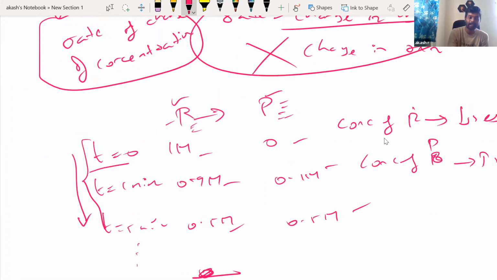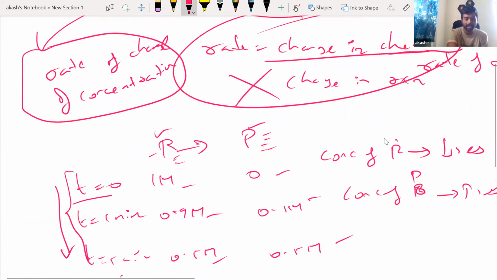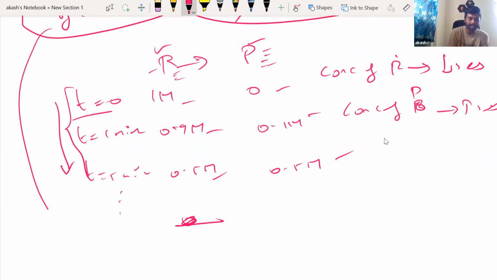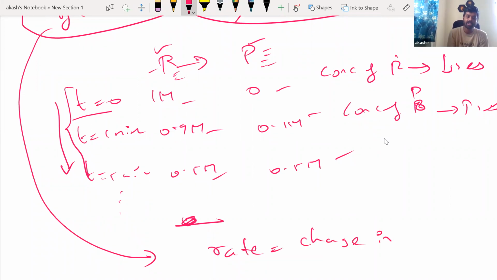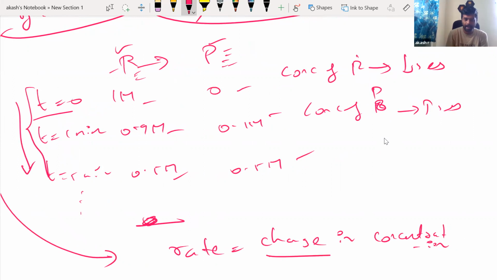So when I say rate of change of concentration, how do you mathematically write this? When I said rate of change of displacement, we wrote change in displacement by change in time. Here, when we say rate of change of concentration, that rate is nothing but change in concentration, whether it's reactant or product, that we'll see later, divided by change in time.